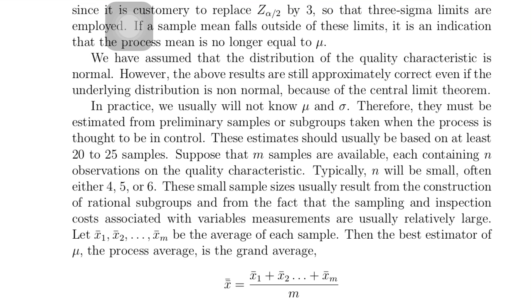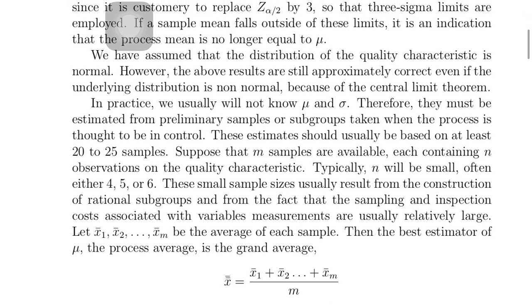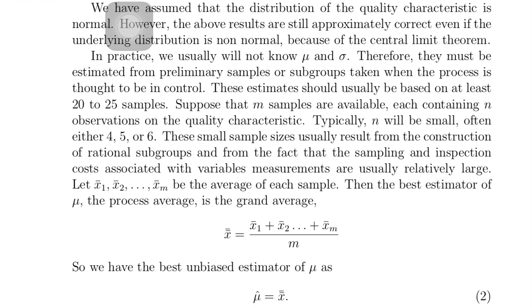So naturally we will take only small samples and only few samples. Small sample means a sample of size 4, 5 or 6, and few samples means 20 to 25 samples. This is the usual procedure adopted in control chart preparation.